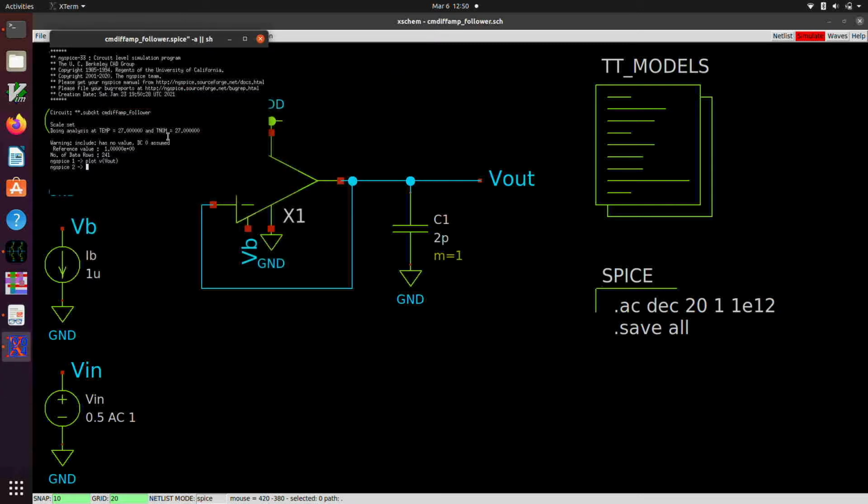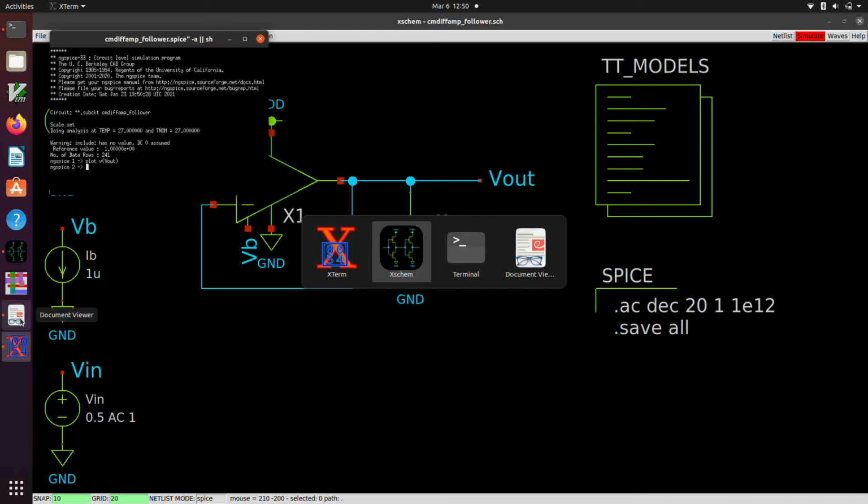What we'd like to plot is something more like the magnitude of the output in decibels versus frequency, and we'd like to plot the phase of the output, preferably in degrees. That's sort of the standard way of doing things. And so we can do that with some built-in functions that Ngspice has.